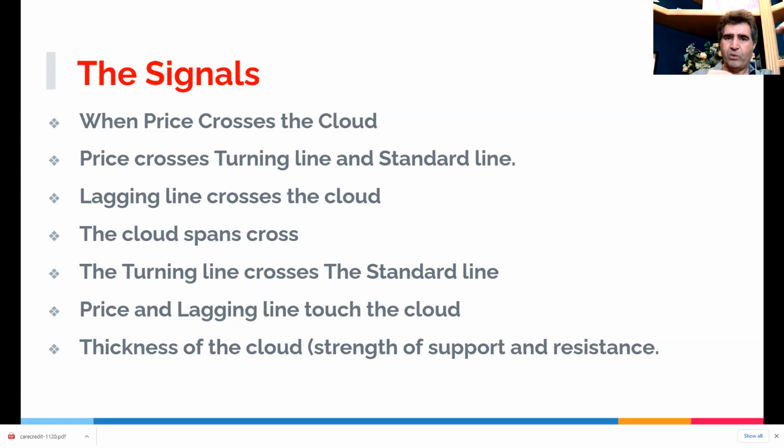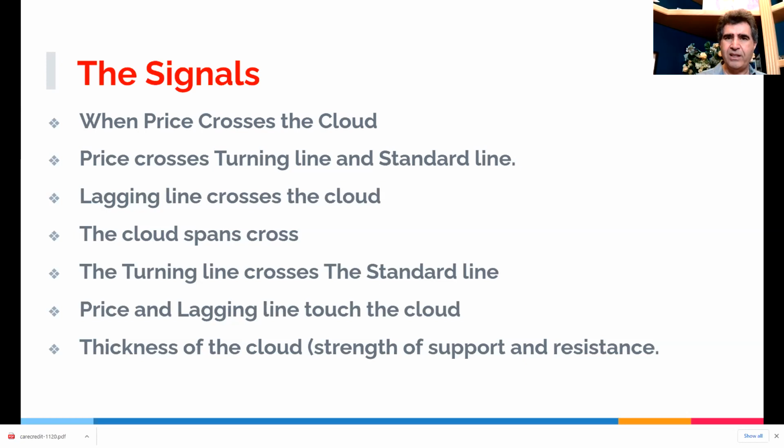When the cloud spans cross, when there's a twist, the top line of the cloud goes and crosses the bottom line of the cloud. That's called crossing. The turning line crosses the standard line, and we mentioned these crosses; that one really works for scalping on a very short term.